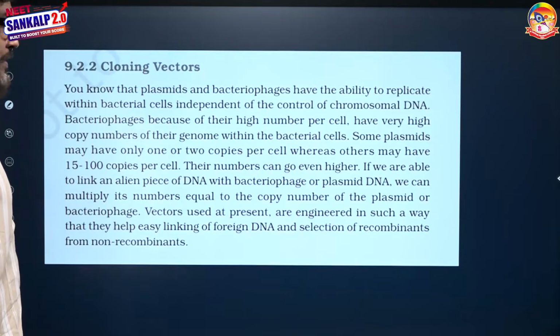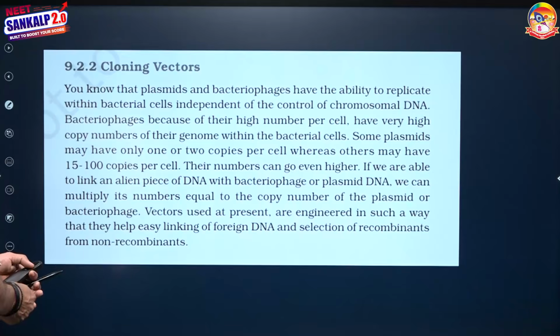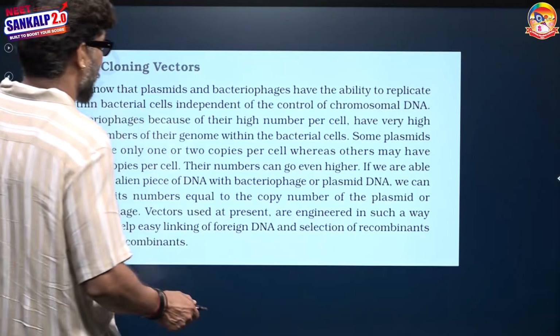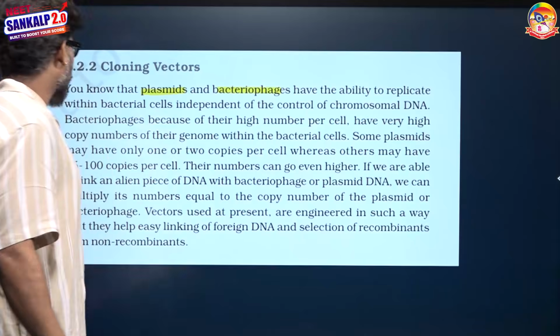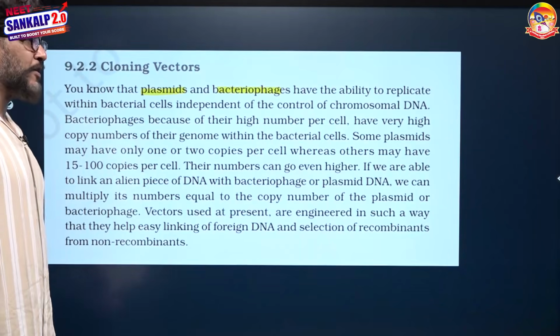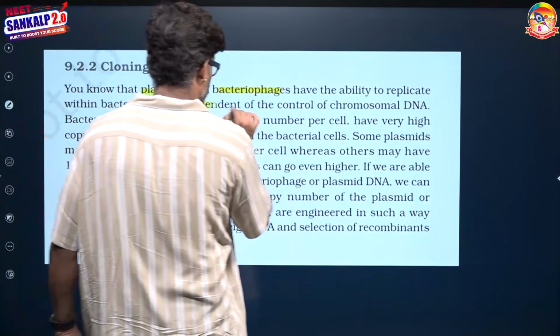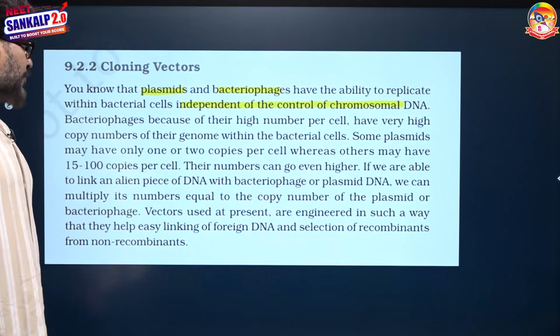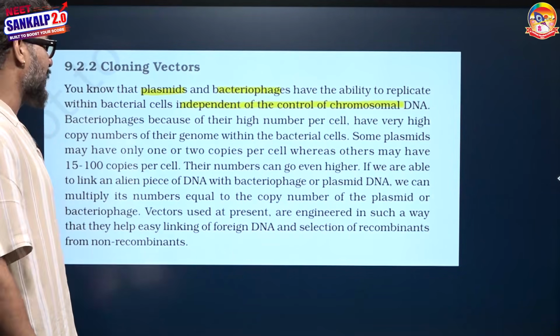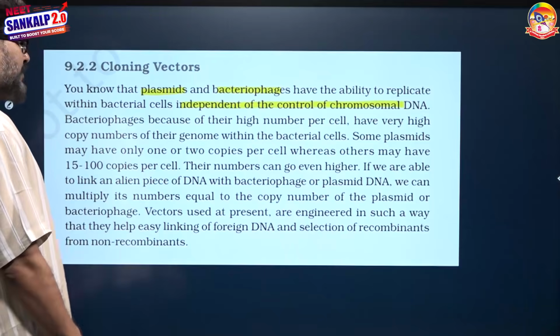You know the second tool is plasmids. Plasmids and bacteriophage have the ability to replicate within the bacterial cell independent of the control of chromosomal DNA. Bacteriophage, because of their high number per cell, have a very high copy number.